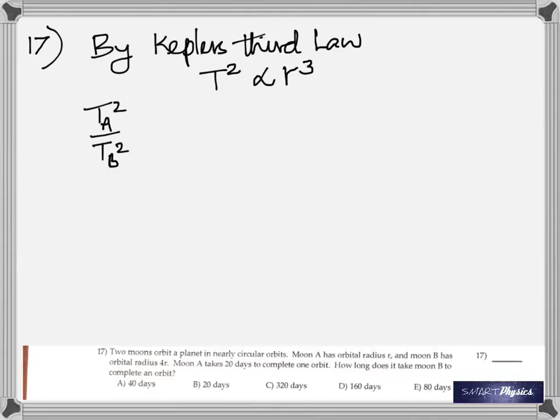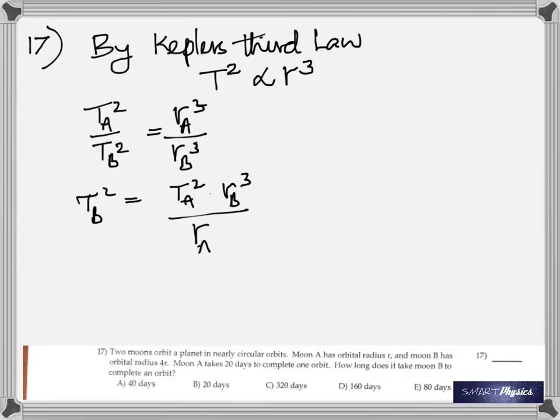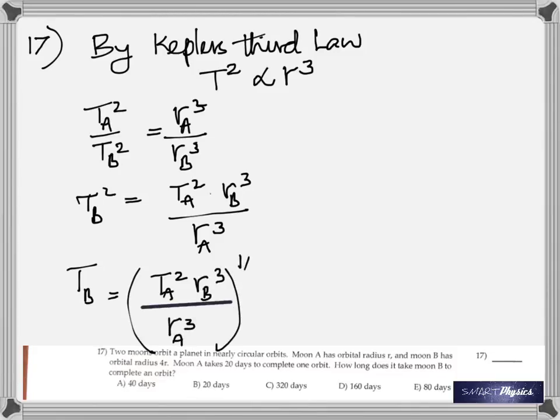It's T squared proportional to R cubed, so what you see now is correct. And therefore, if you take the ratio, and you're asked to find the time period of moon B, so make that the subject. Do that simple math, and then take the square root.